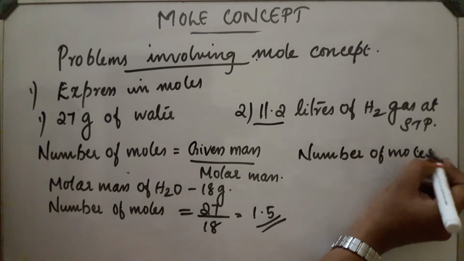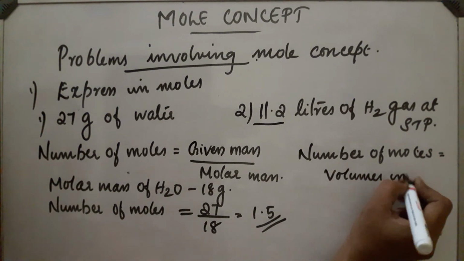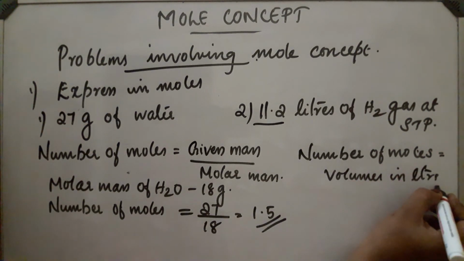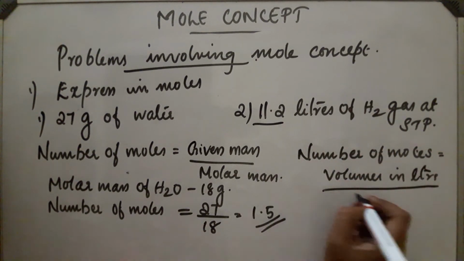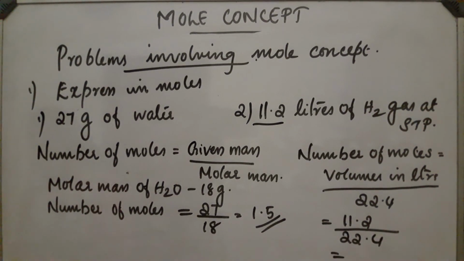After calculation, we get the value 0.5. So, 0.5 moles is the number of moles of hydrogen.